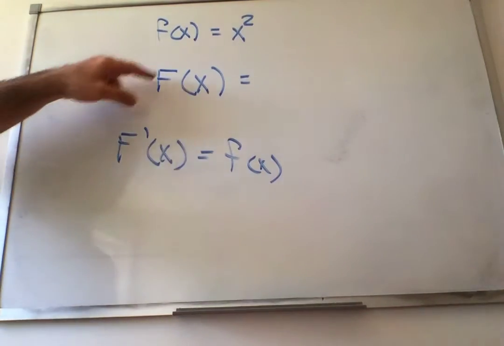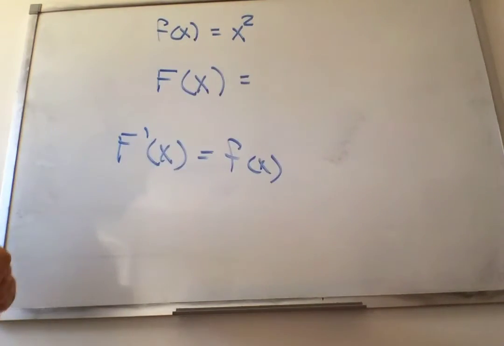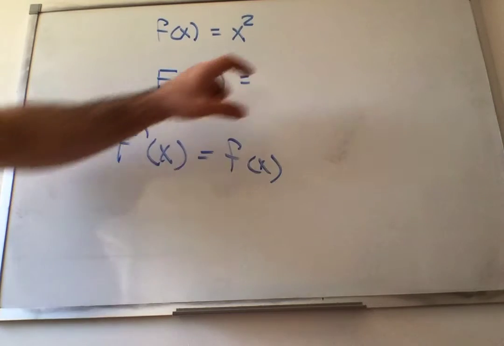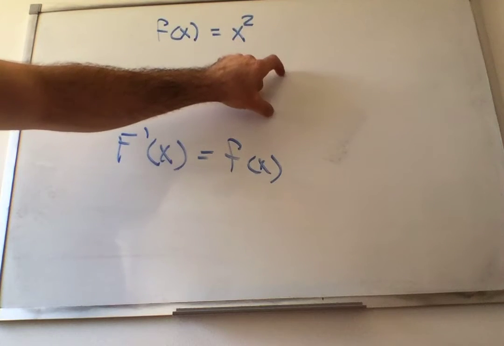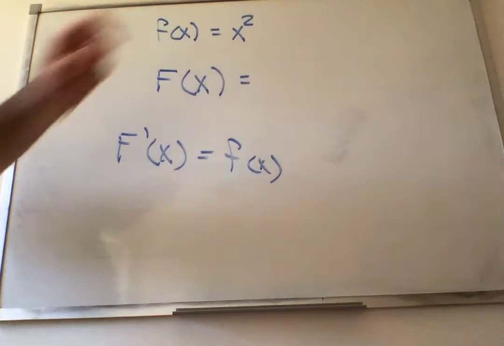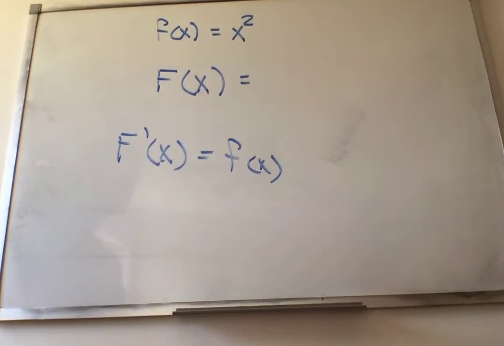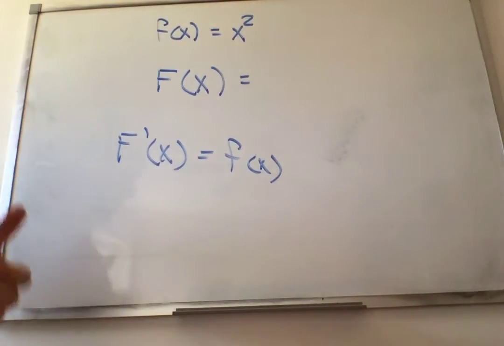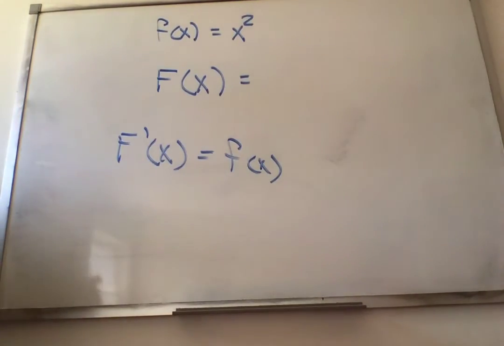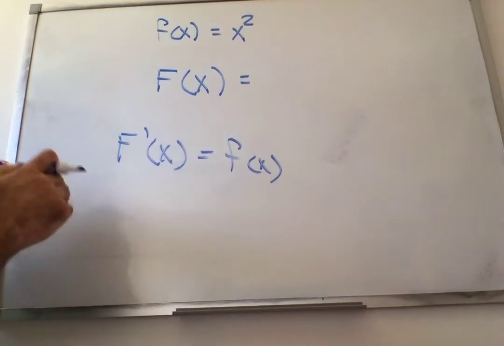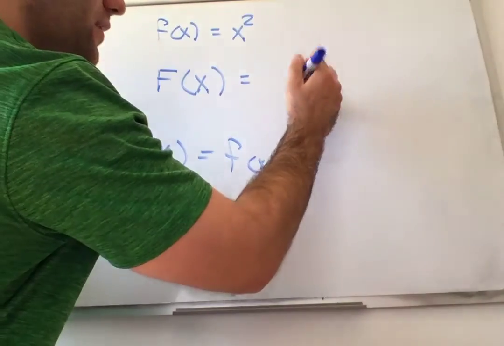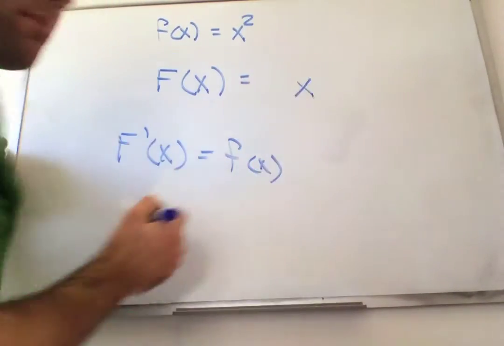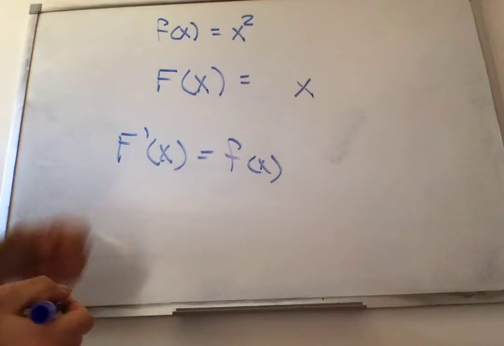So if we were to do that to this function here, what does this function have to be so that we get this function? Okay, so if I think about how I would take a derivative, this is a power function, it's a squared function, so I should have a power function there as well. And if I were to take a derivative of this thing, and it's a power function, I know I'm going to have to drop one power.